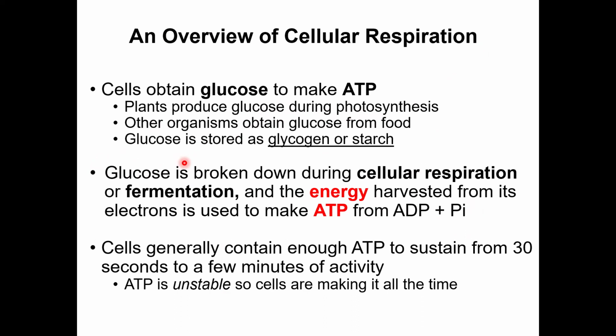Generally, they have enough ATP to sustain them for 30 seconds to a few minutes of activity. Since ATP, like we talked about, is very unstable, the cells are making it constantly.